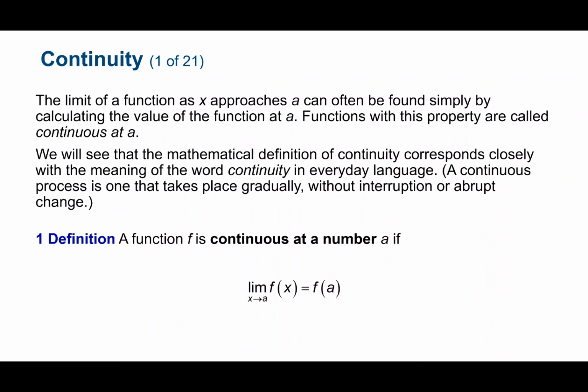We say that function is continuous at a. So really there are some other pieces that are implied there. It's a nice simple compact statement: f is continuous at a if the limit as x approaches a of f of x is f of a.